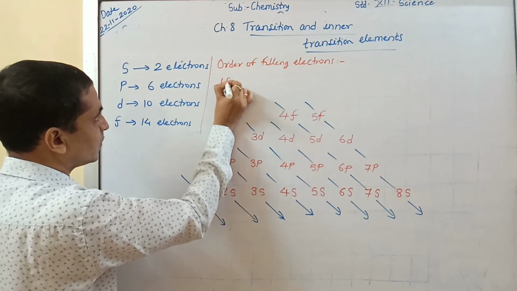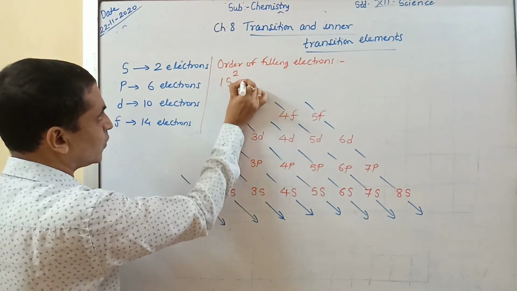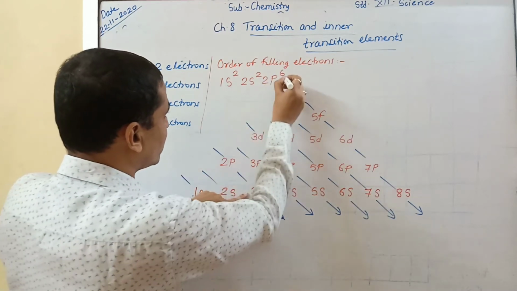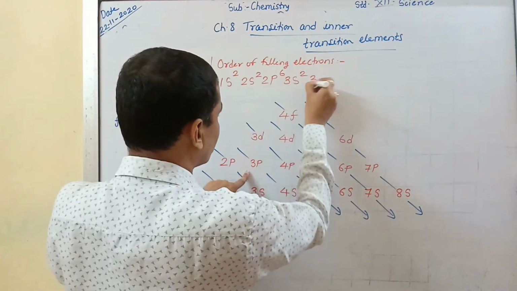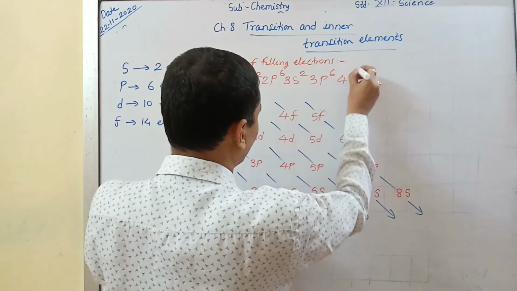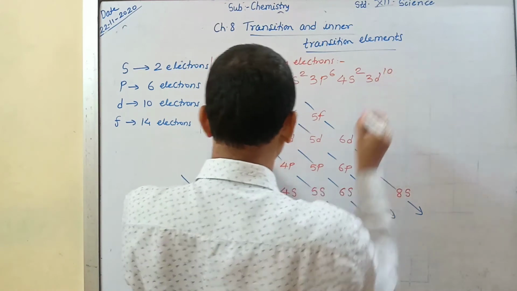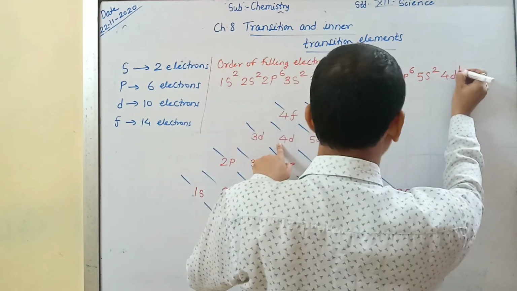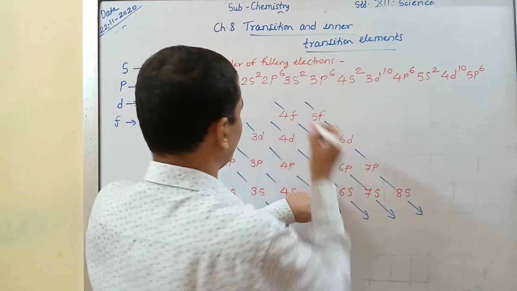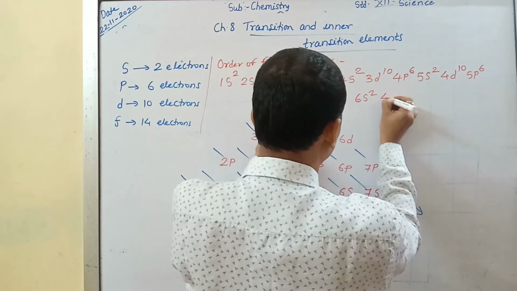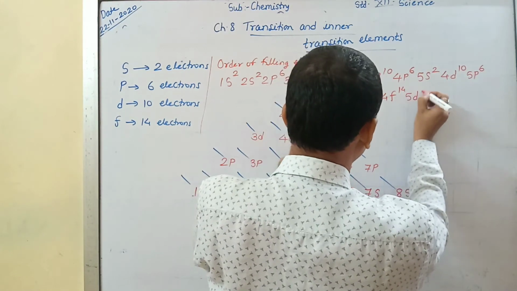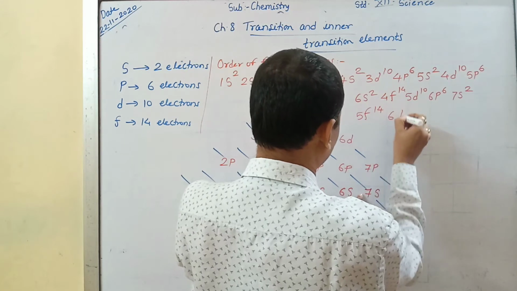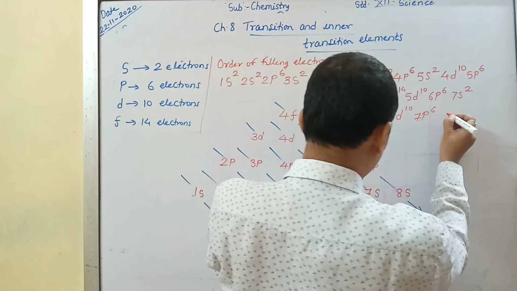First we get 1s2, then 2s2, then 2p6, then 3s2, then 3p6, then 4s2, then 3d10, then 4p6, then 5s2, then 4d10, then 5p6, then 6s2, then 4f14, then 5d10, 6p6, 7s2, 5f14, 6d10, 7p6, and last one 8s2.